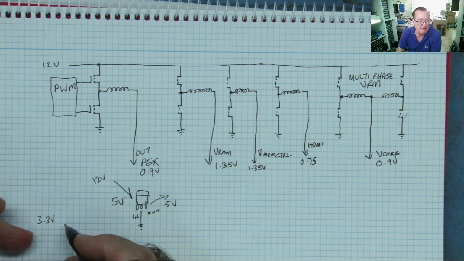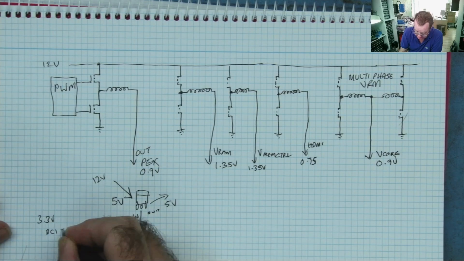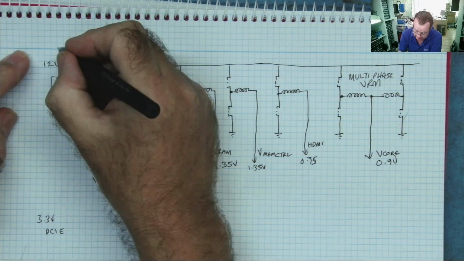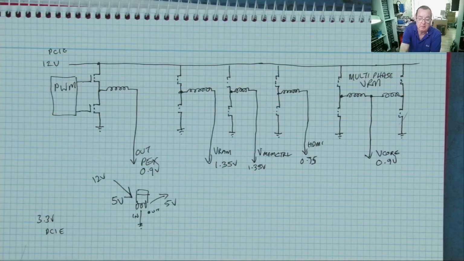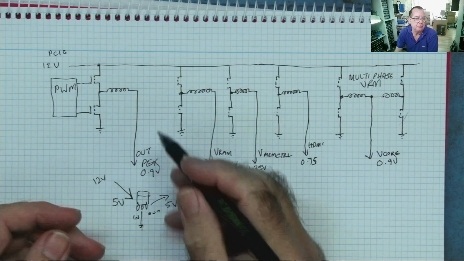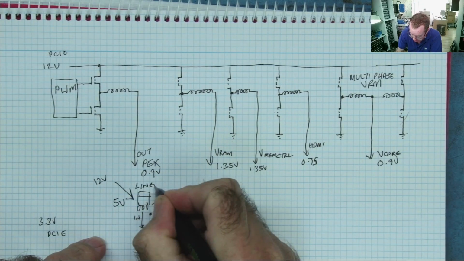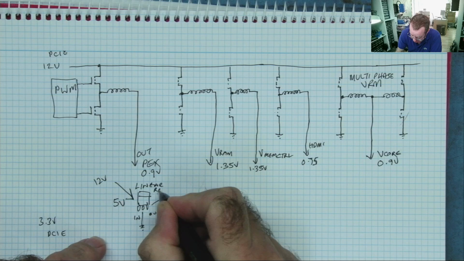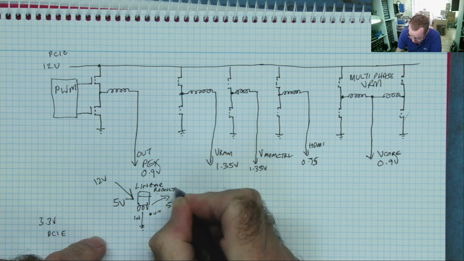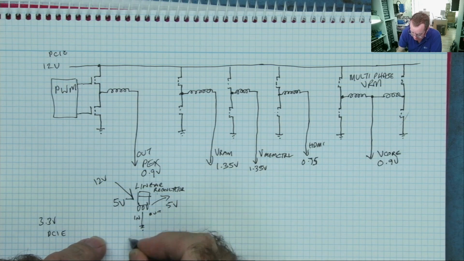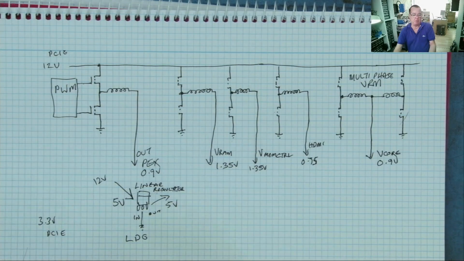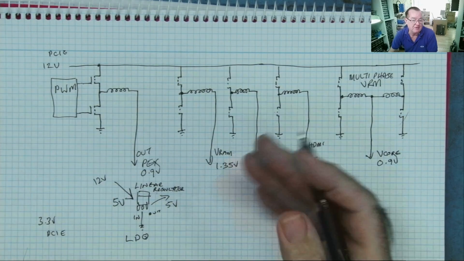Okay, the 3.3 volt is coming directly from the PCIe connector. The 12 volt is on the PCIe. So this circuit doesn't use the coils like this. This is what's called a linear regulator. It has another name later, often called an LDO, which is a low dropout linear regulator basically.